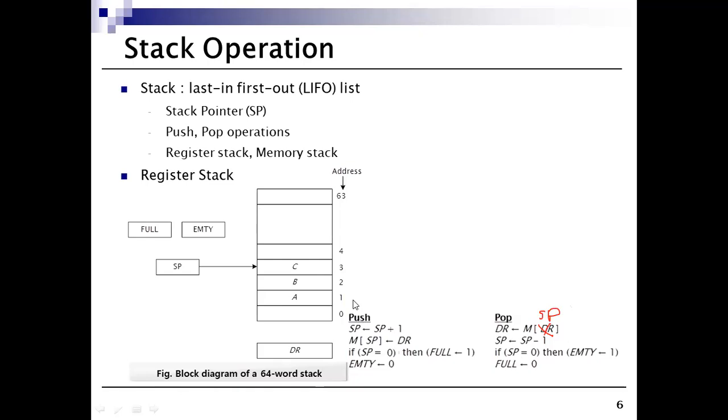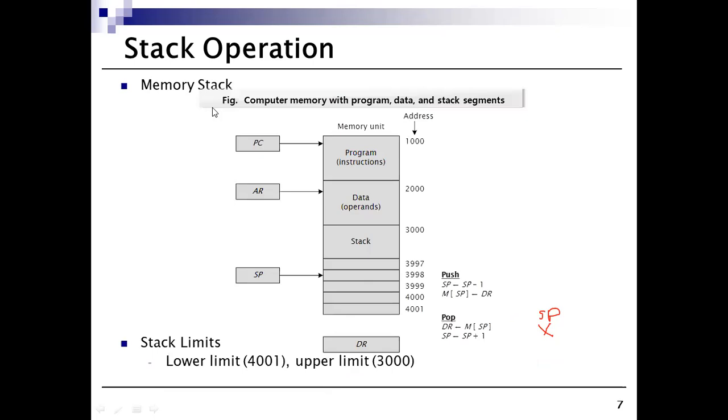As I mentioned, I can even use a set of memory places for defining it as a stack. That's what is called memory stack. So if you come to memory stack, this total memory is usually divided into 3 portions: program for storing your instructions, data for storing your operands, and stack mainly used for storing return addresses and all.